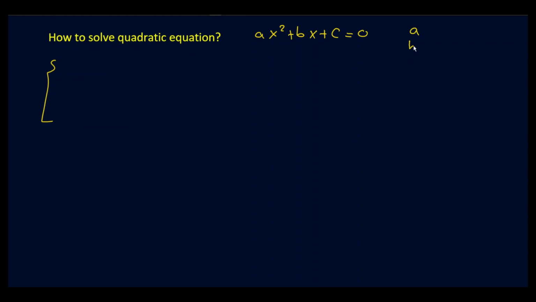And a, b, and c are the coefficients: a for x squared, b for x, and c is a constant, and you can say it is a coefficient for x power 0 because this is x power 1. Okay, so just if you are wondering why c is standing alone, because it is multiplied by x power 0, which is equal to 1. You can assume it this way.